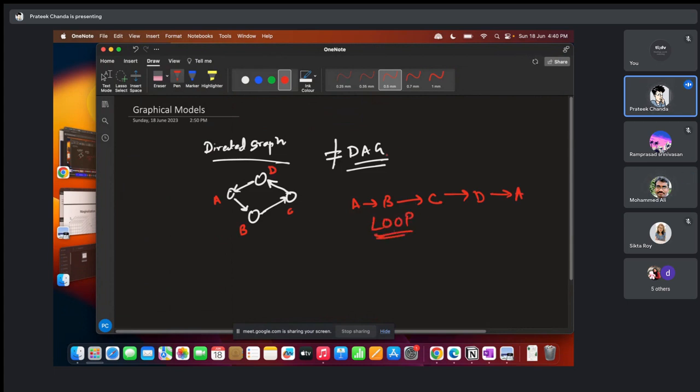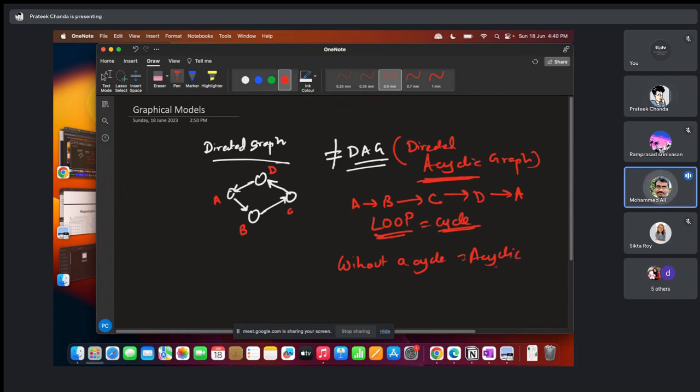But a DAG is called a directed acyclic graph. That means obviously it's directed, but it has the word acyclic. A loop is actually a cycle, so acyclic means without a cycle.